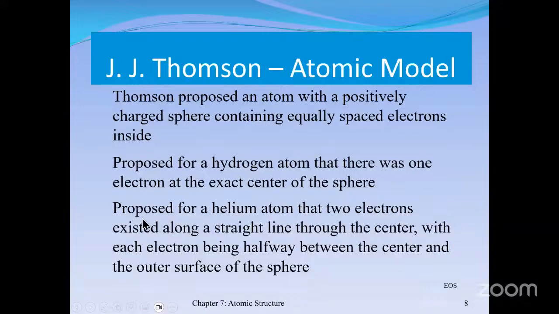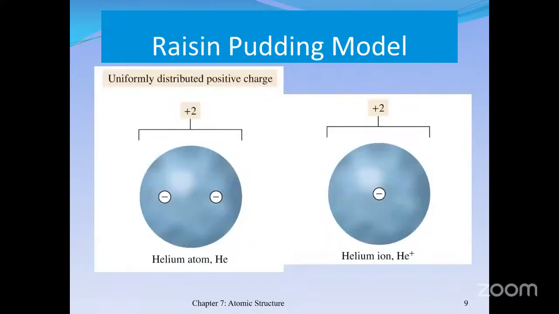And then in the case of helium, he proposed that the two electrons that are present in the helium atom are embedded in the sphere, but they exist along a straight line, with each electron being halfway between the center and the outer surface of the sphere. So this is basically his model for the helium atom, right?